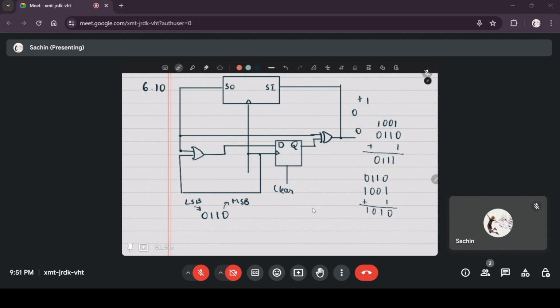And the input to the D flip flop will be the OR of the LSB and 0, which is nothing but the LSB itself.